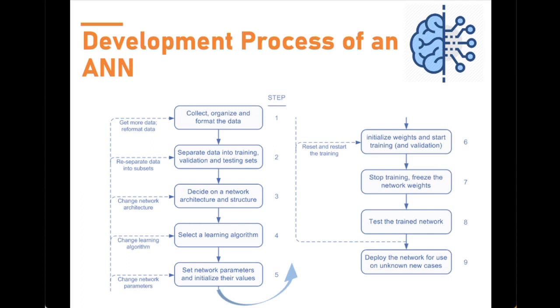Finally, in the last step, step 9, we deploy the trained neural network in a real world setting, and we monitor its performance over time. Here, new input will be presented to the network, and its output will be a recommended decision.